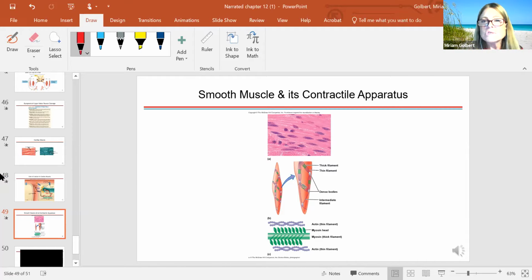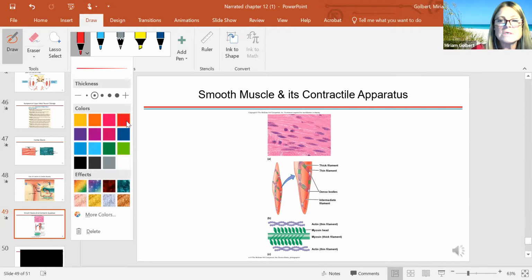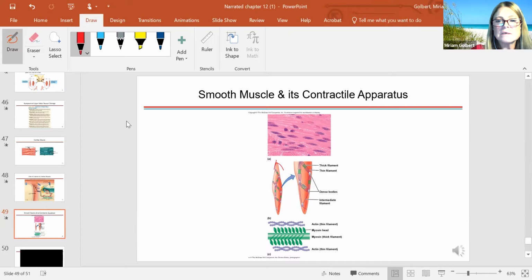So it's called smooth because under the microscope, you can't see striations. The muscle fibers or muscle cells are kind of like spindle, they're called. So they're tapered at the end and a little more bulky in the center. So like here, you see the taper at the ends and a little bulkier in the middle. That's what the smooth muscle is.